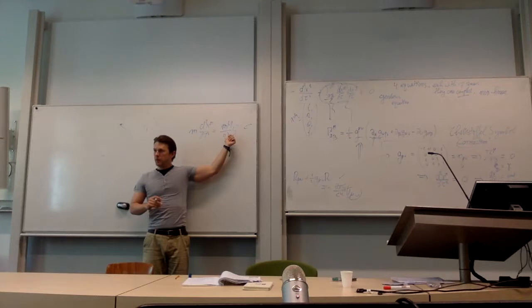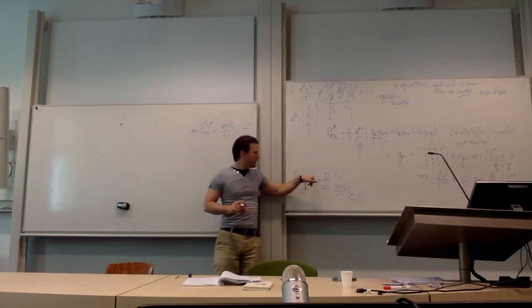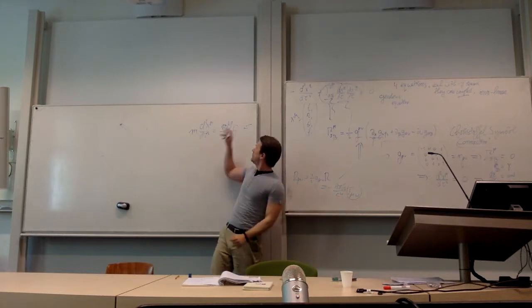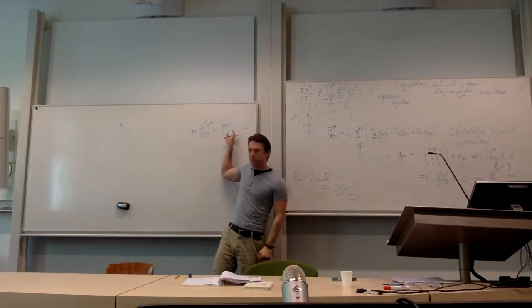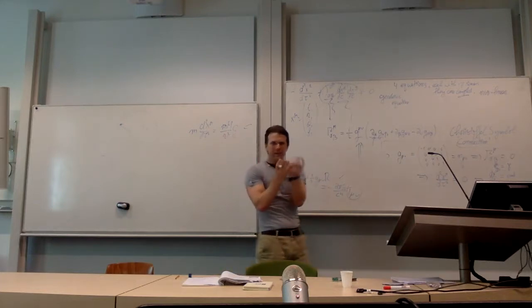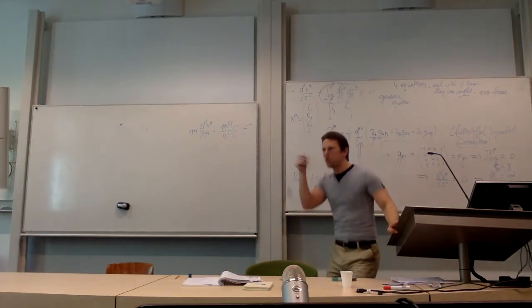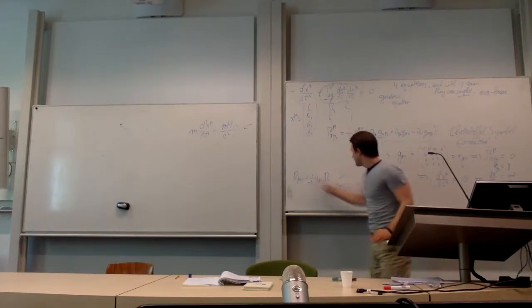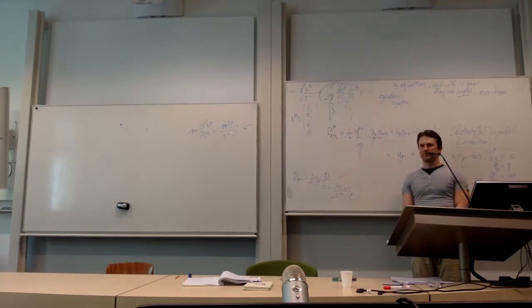And that was enough for him to find that this number should be 1/2 and this number should be such. The G comes in there directly because it had to reduce back to Newtonian gravity. So he knew what in the weak gravity and the small velocity limit that equation should give you, and that was enough for him to fix these constants. I'm lying a little bit, because he needed a little bit extra.